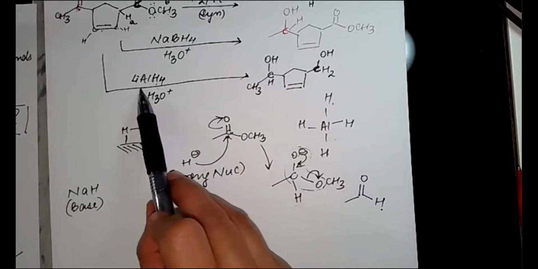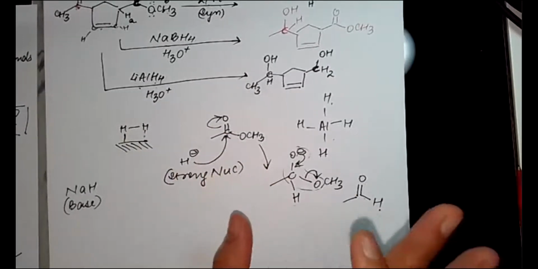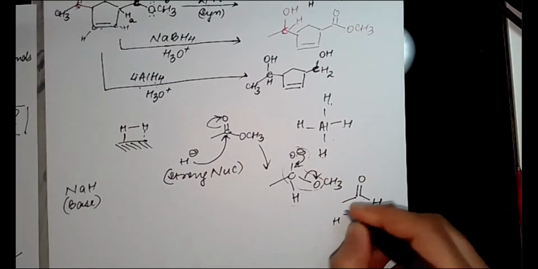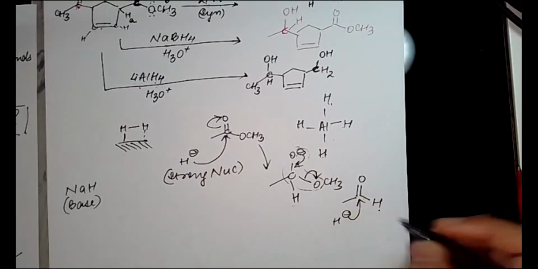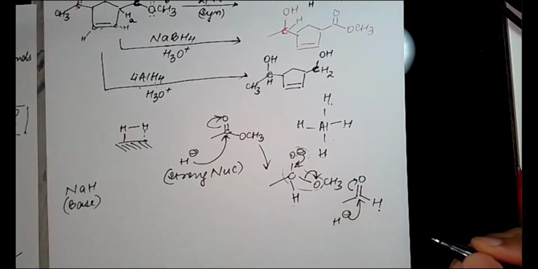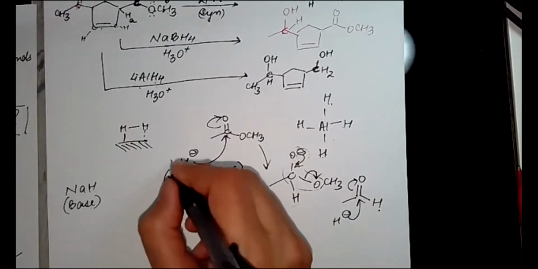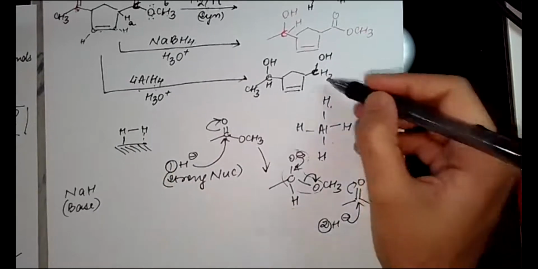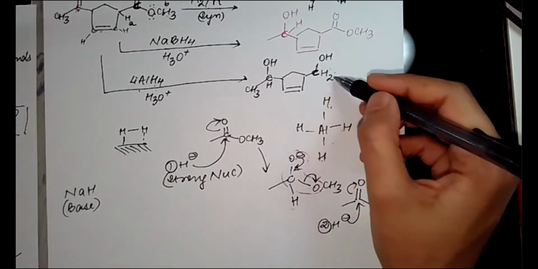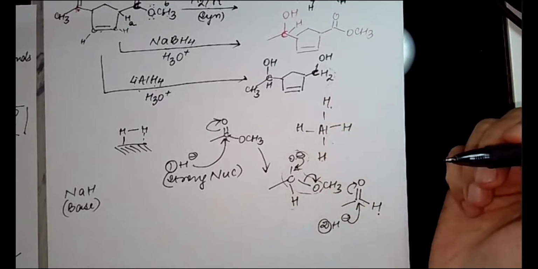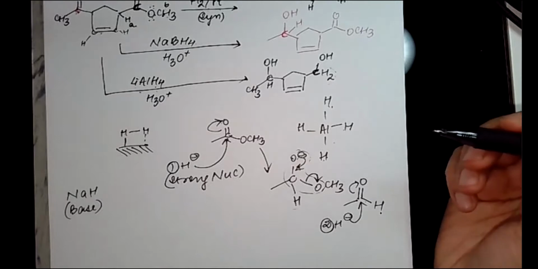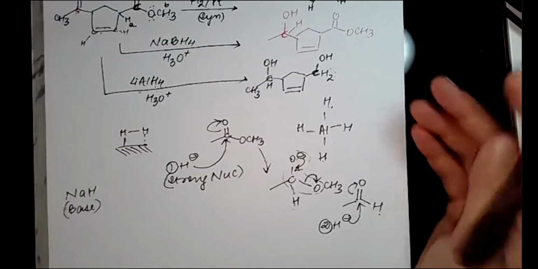And because lithium aluminum hydride is a source of hydrides, it has an unending source of hydride, another hydride can come and attack it. So this was my first hydride, this was my second hydride, and you can see both of them right here. Does that answer your question? Yes, it does. Thank you. Okay, very good.